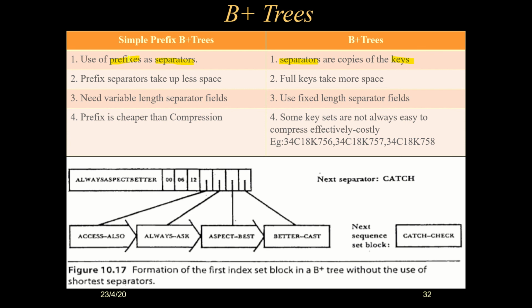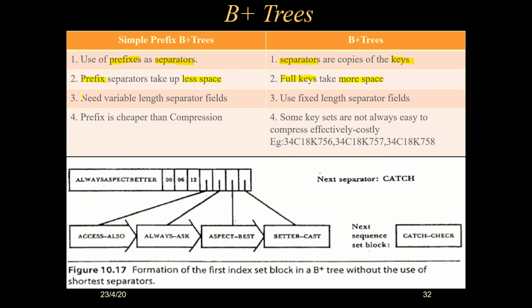Here it is prefixes and here it is the key itself. Now, what is the advantage of using prefixes here? Using prefixes uses very little space. But in the case of B plus tree, since it is using full keys, it is taking more space compared to our prefix B plus trees.